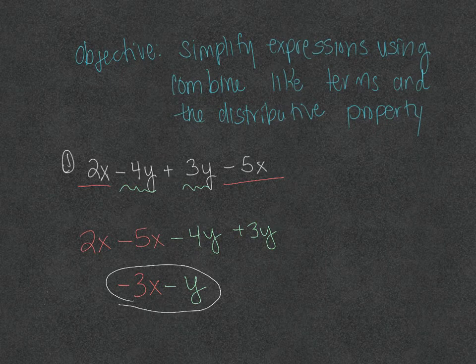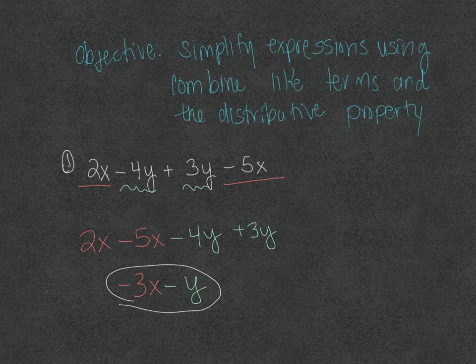Now I use a technique of using color and underlining with different types of lines to make sure that I've used all four terms. I know that some people will very lightly cross out the terms after they use them.